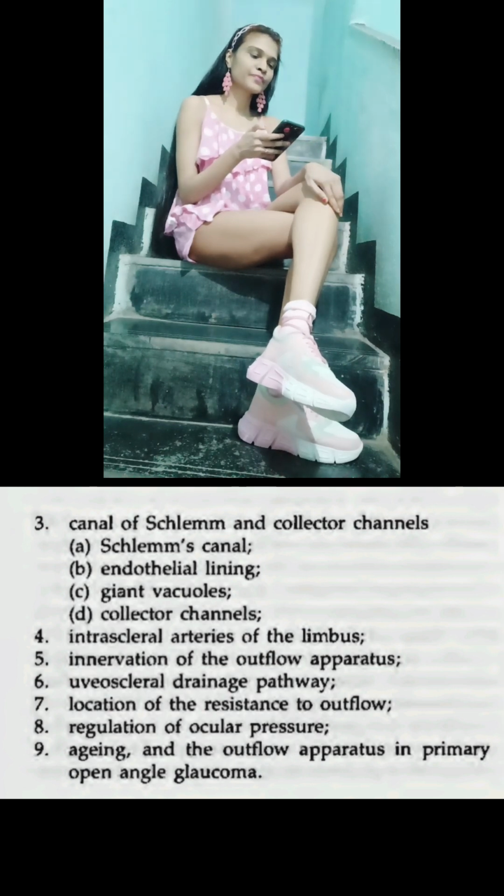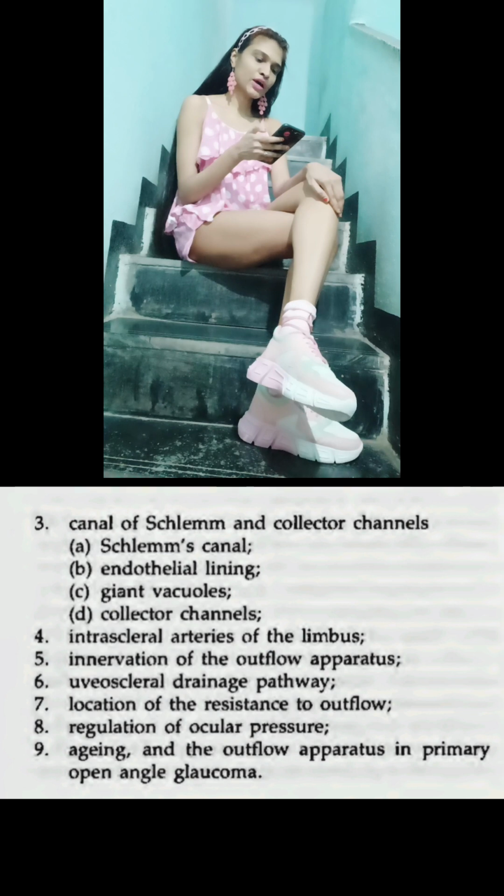3. Canal of Schlemm and collector channels. A. Schlemm's canal. B. Endothelial lining. C. Giant vacuoles. D. Collector channels. 4. Intrascleral arteries of the limbus. 5.